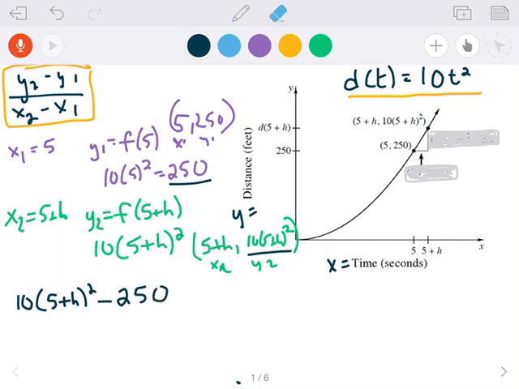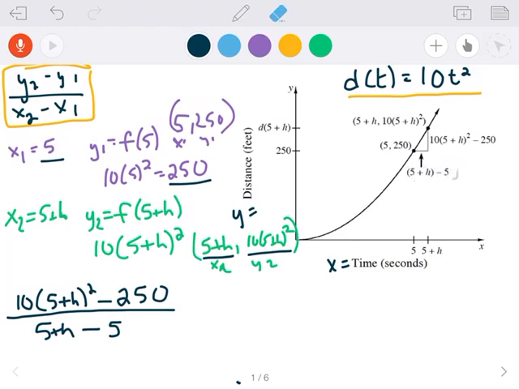That gives us the difference in our y values, which is this height right here of the slope triangle. We're going to put that over x2, which is 5 plus h, and then subtract x1, which is 5. That gives us the difference of our x values, which is the base of the slope triangle.